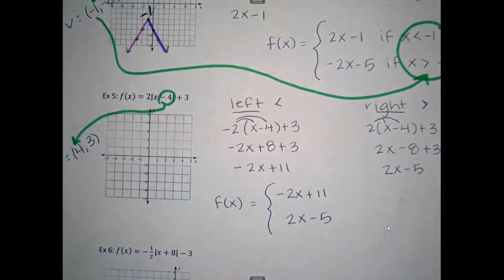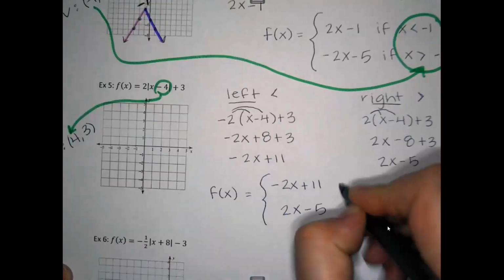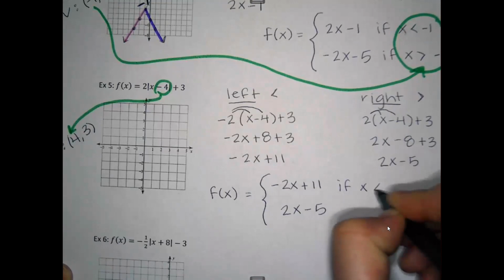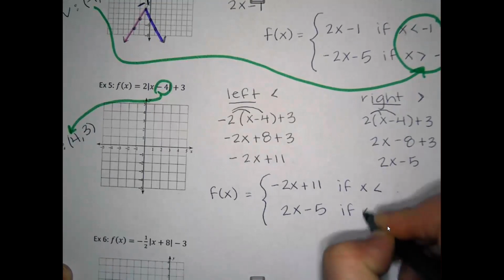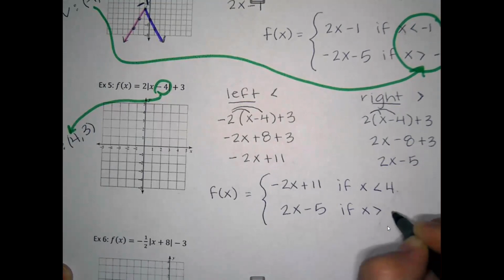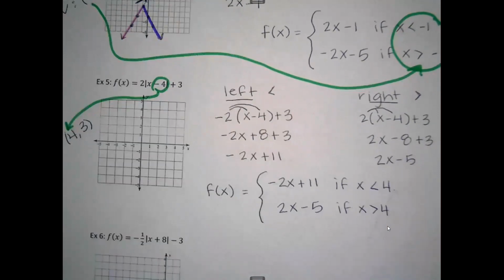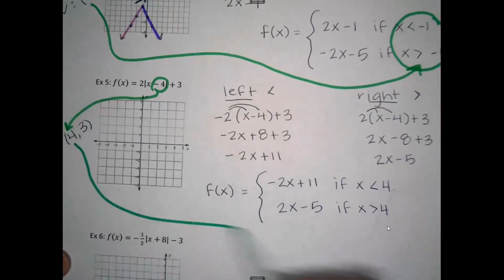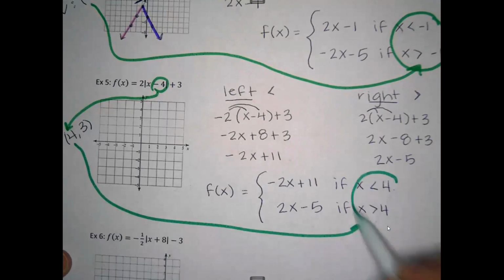So we're going to say if x is to the left of 4, if x is to the right of 4. So we use the x coordinate for both of them.